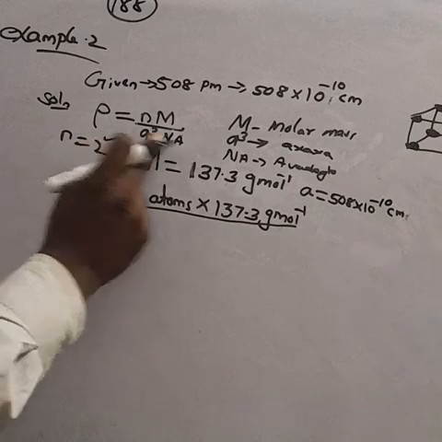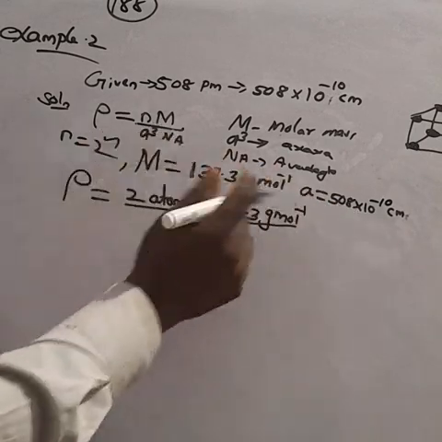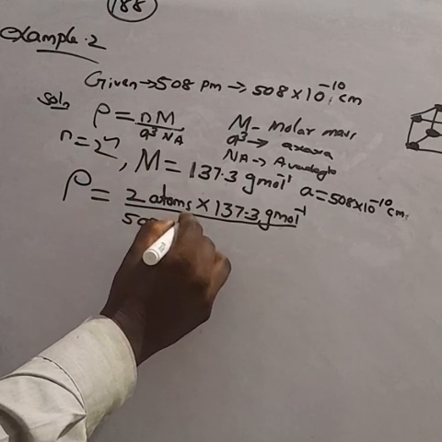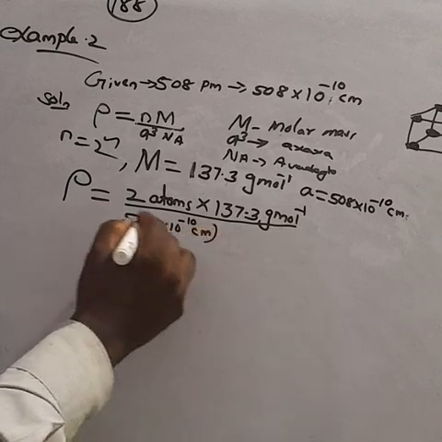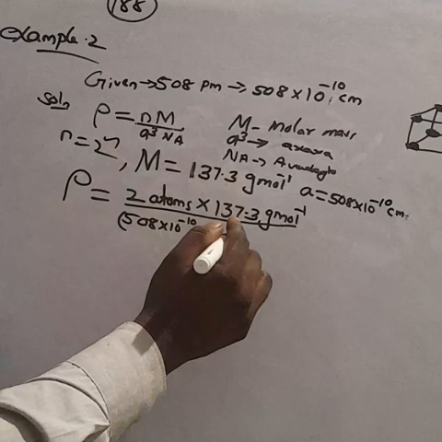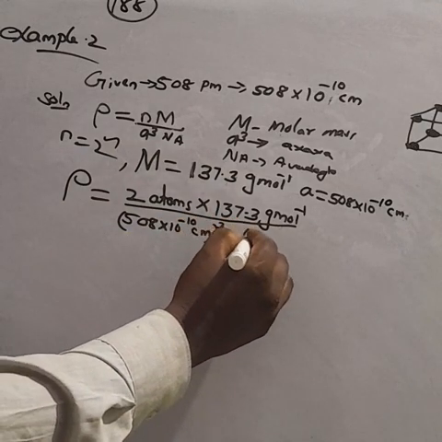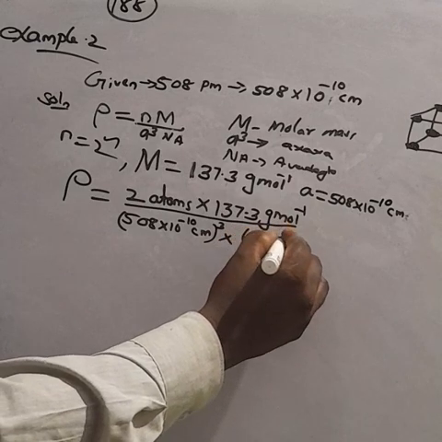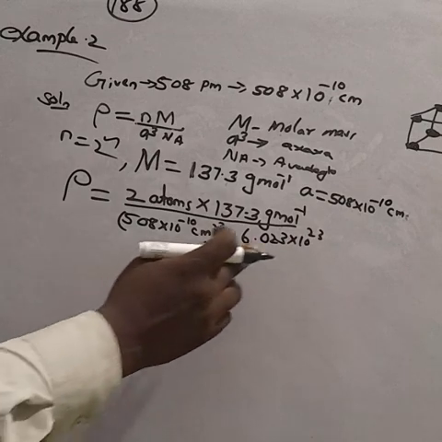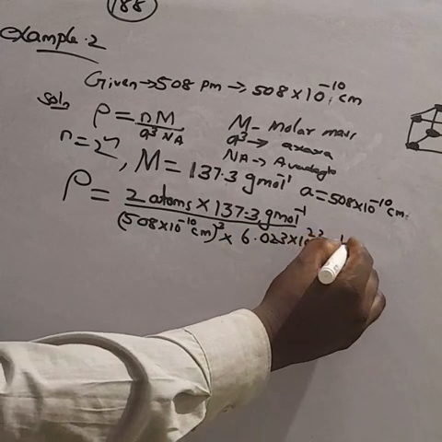A cube, where A is 508 into 10 raised to minus 10 centimeter, cube, because picometer is converted into centimeter. And Avogadro number 6.023 into 10 raised to 23 atoms mole inverse.